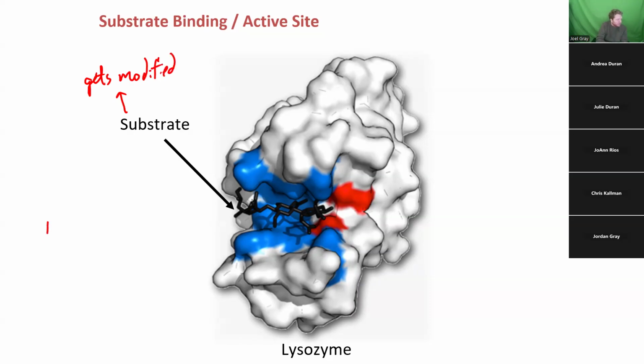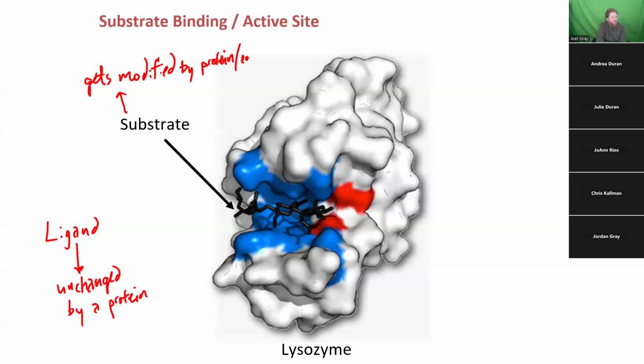A ligand, by comparison, is unchanged by a protein. So I'm going to say a substrate gets modified by, and I'm going to use these terms interchangeably, protein slash enzyme.